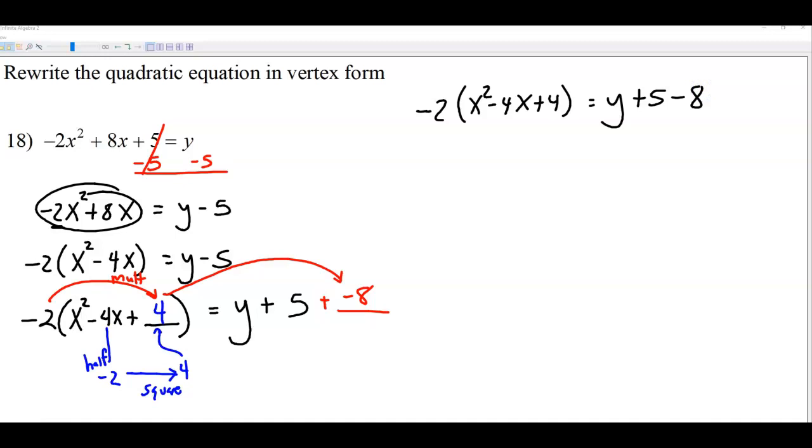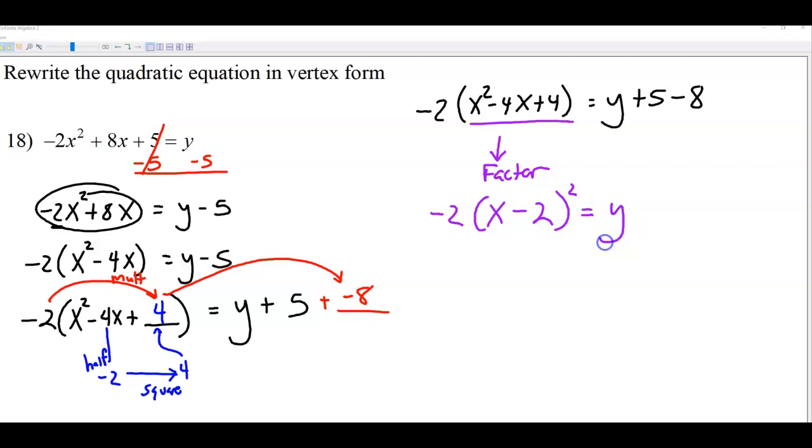All right, and the last step is to factor on the left side. When we factor a perfect square trinomial, which is what that is after you complete the square, it always looks like this. The only thing that's going to change is what number goes there, and that number will always be half of that middle number there. So in this case, it'll be -2.